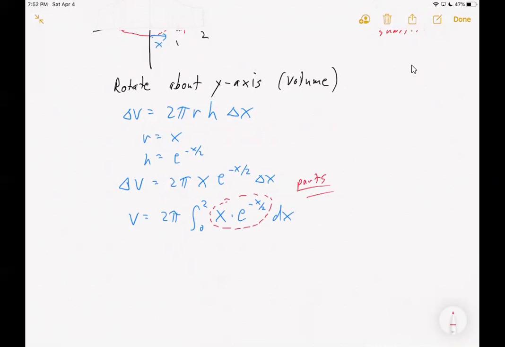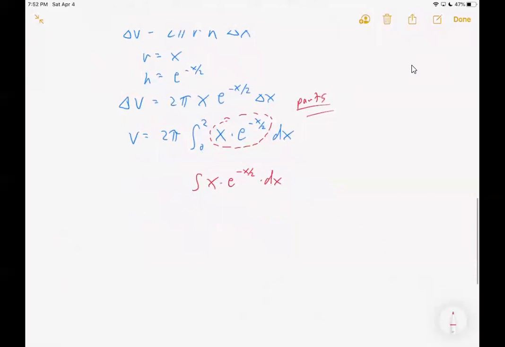So let's go ahead and do it by parts, okay? Now remember, these limits don't really work when we're doing it by parts, so we have to make a side problem. We have to find out what is the integral of x e to the negative x over 2 with respect to x. What is the antiderivative, right? So we let u equal x. We'll let dv equal e to the negative x over 2.